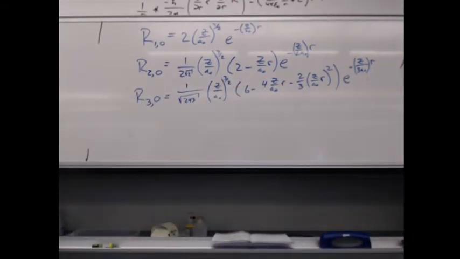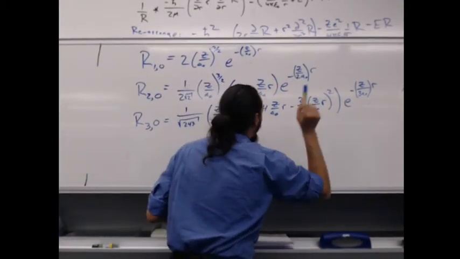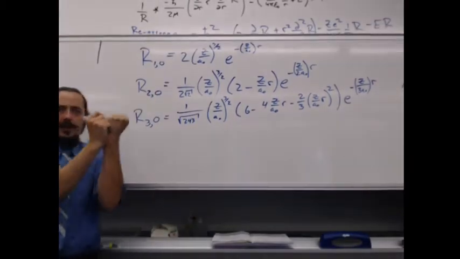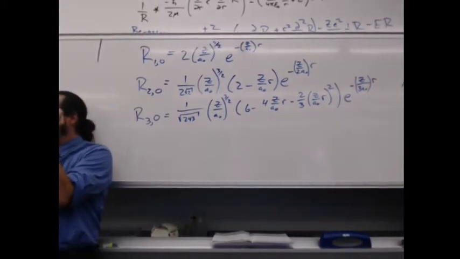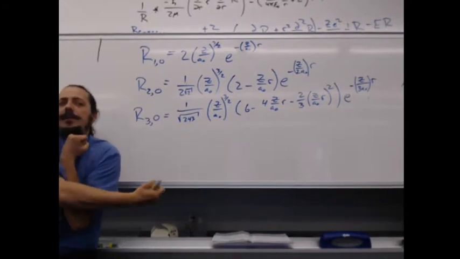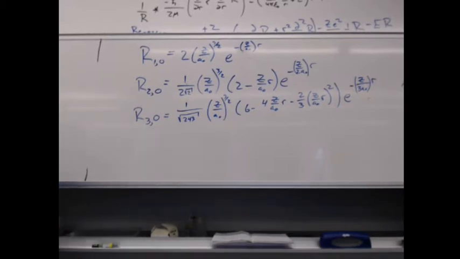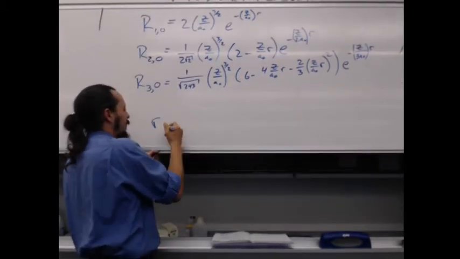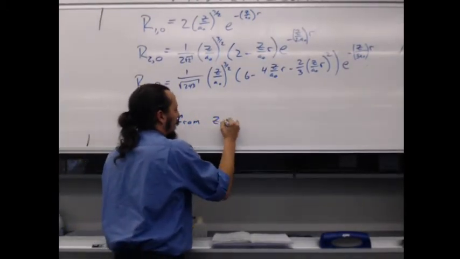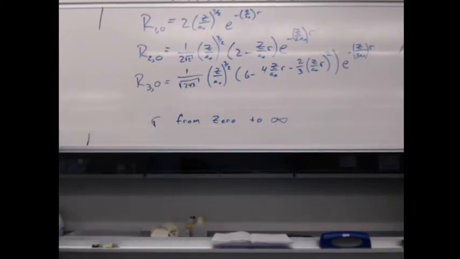What we see here is kind of interesting. If we put on our mathematics eyes, each of these has an exponential term. Remembering that we're measuring distance from the nucleus, the minimum distance is 0. You can't have negative distance from the nucleus, so r goes from 0 to infinity.